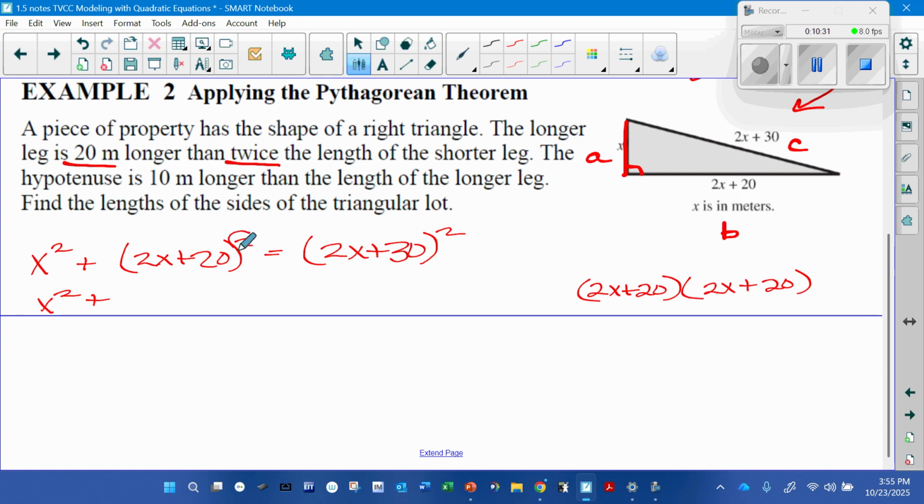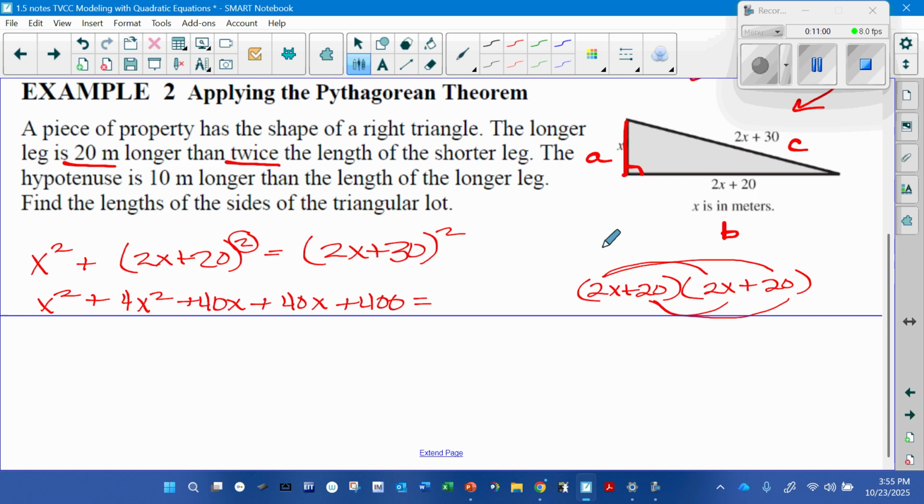This squared means you have to multiply whatever is inside by itself. So we've got 2x times 2x, that is 4x squared. 2x times 20 is 40x. 20 times 2x is another 40x. And 20 times 20 is 400.